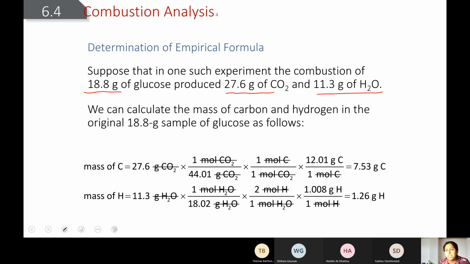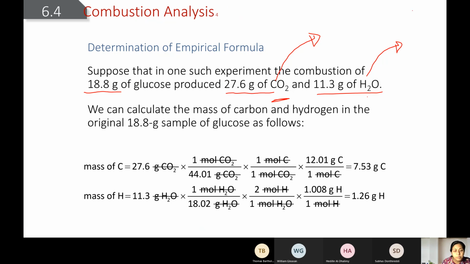But do we need the grams or moles of carbon dioxide or the water? No. We are going to calculate the mass of the carbon from the carbon dioxide, and we get the mass of the hydrogen from the water. How can we do it?